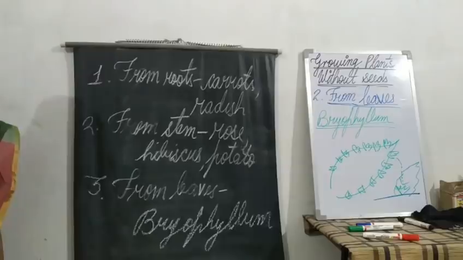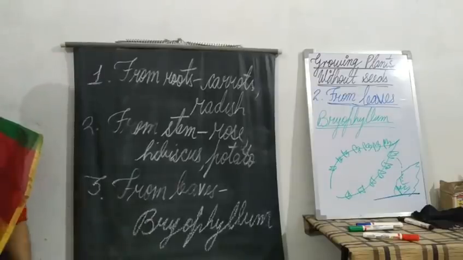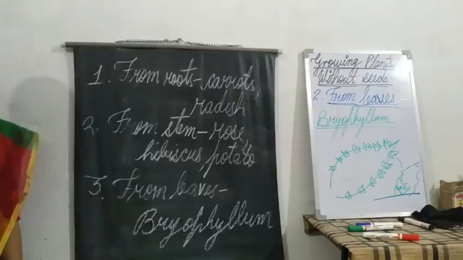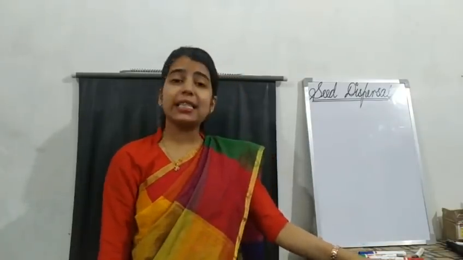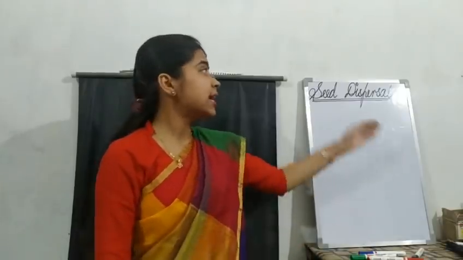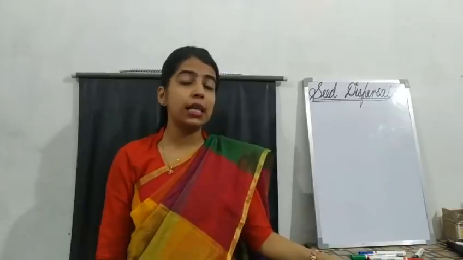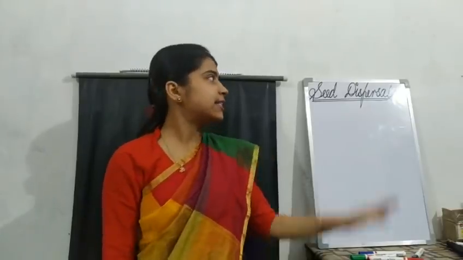Is it clear? Okay. Now let us move towards our next topic, that is seed dispersal or dispersal of seeds. So the next and the last topic from the chapter is seed dispersal. Before that, let us first learn why this is needed.